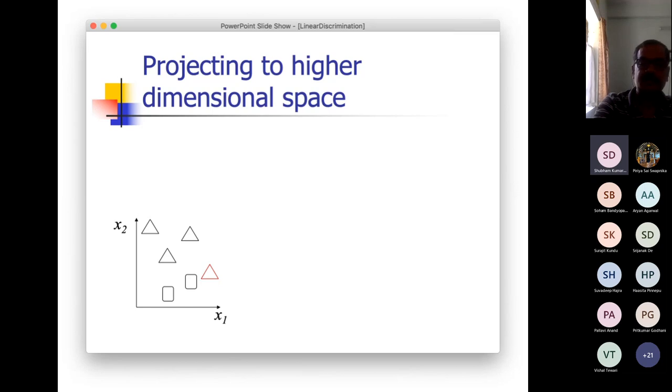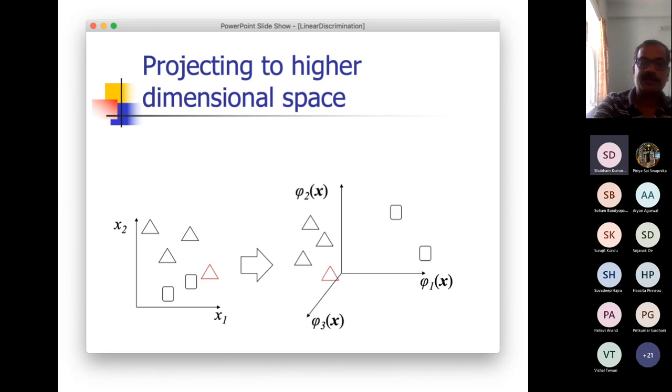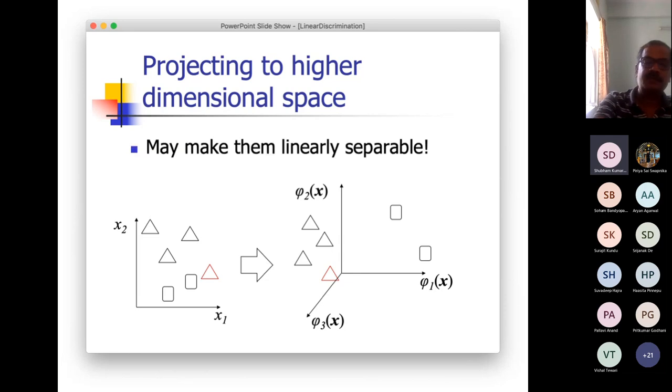So you consider this particular example. Say the same example. Now, if I add another dimension, and in that dimension, these two corresponding training samples may be separated out. So with some transformations of the feature vector, we can make them linearly separable.